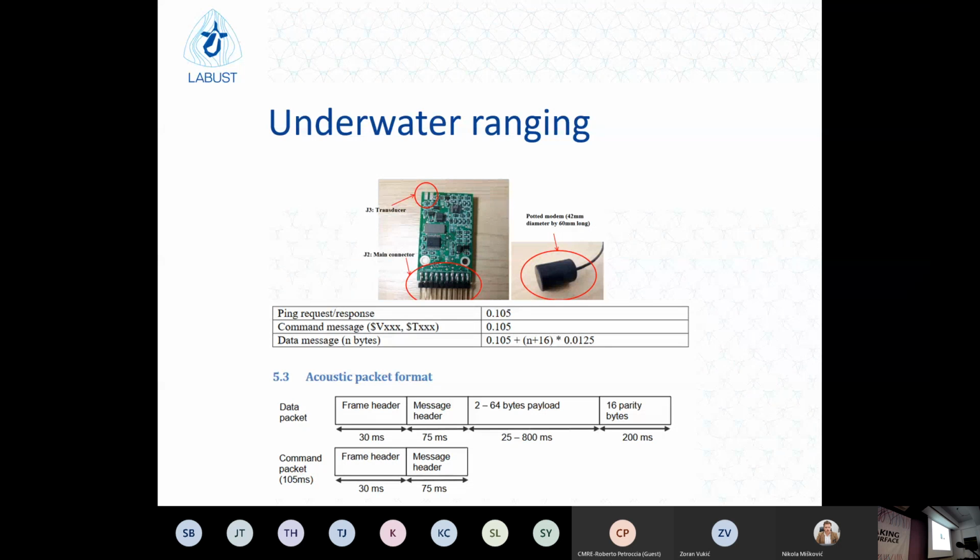The main problem with this kind of communication is the time necessary to receive one measurement, because you need to add up all these times, and also as the sound speed is only 1500 meters per second, you need to take that into consideration. Basically, the frequency at which we can get range measurements turns out to be around 1 hertz, which is quite low by today's standards.